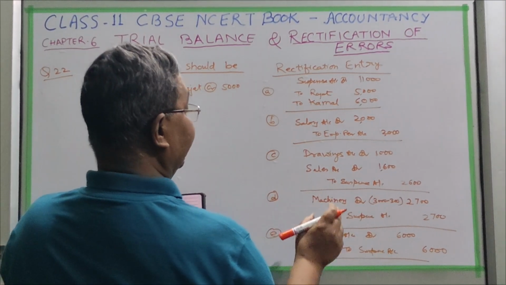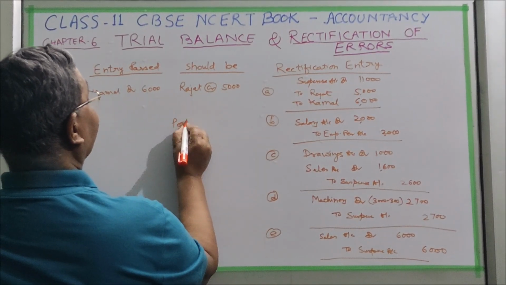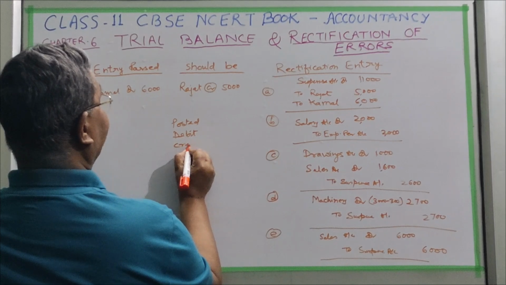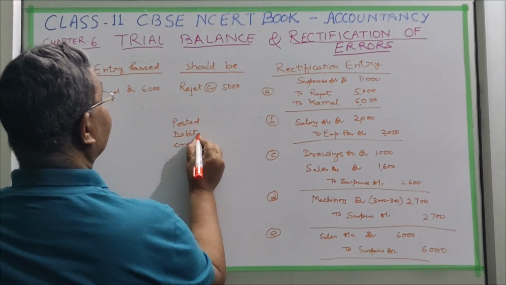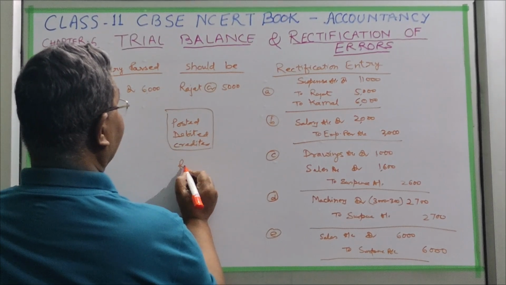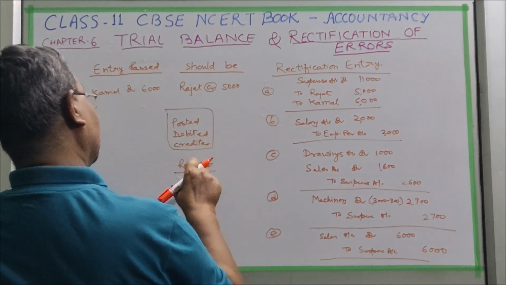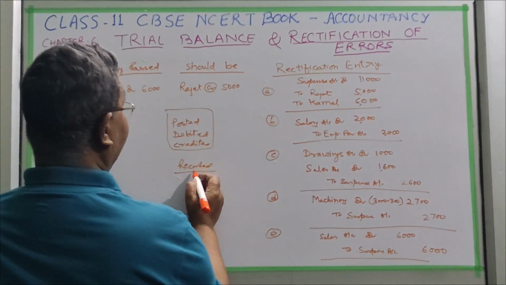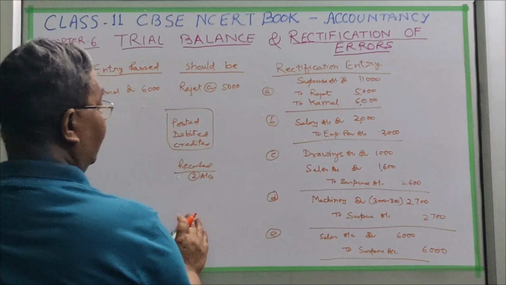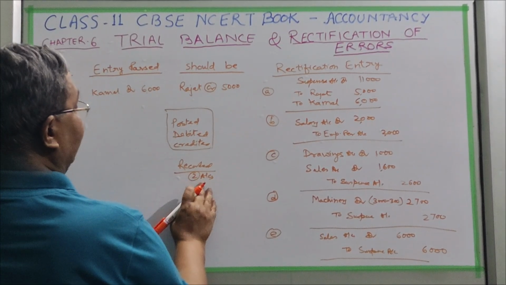Where posted, credited, debited words are used, it means it is one-sided. And where recorded is there, recorded means in the book itself it is wrongly recorded and it will impact at least two accounts. More than two is also possible, but at least two.